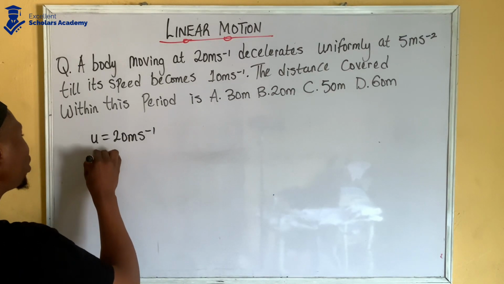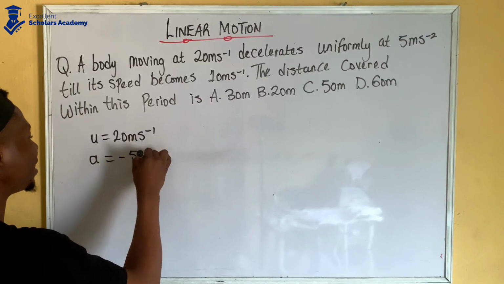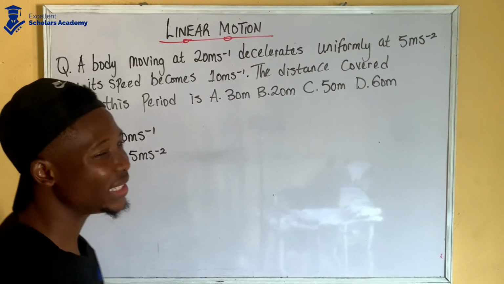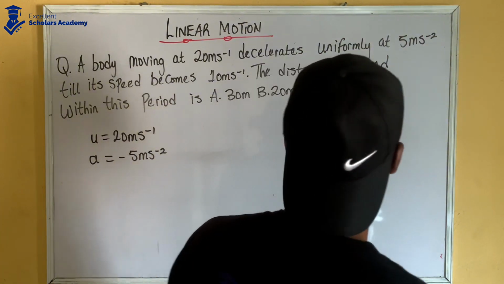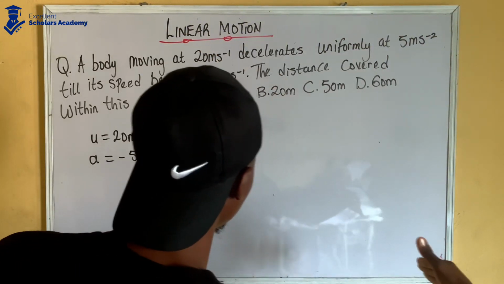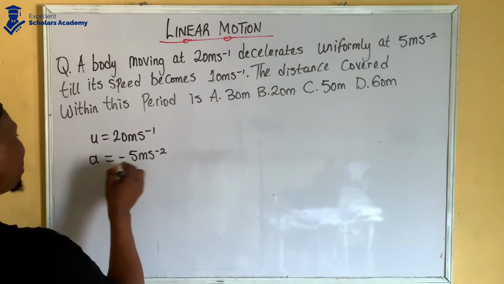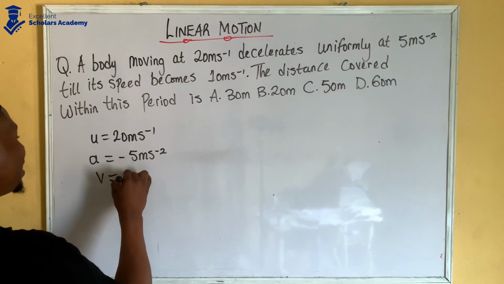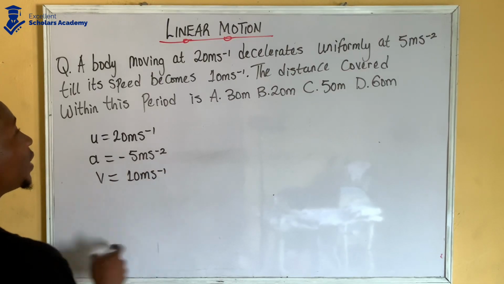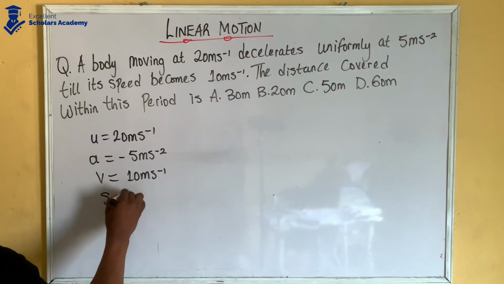Now deceleration is a negative acceleration. That means it's coming down like this. All right, till its speed becomes 10 meters per second. That means its final velocity is 10 meters per second. Its final velocity v. Now I have to find the distance covered.